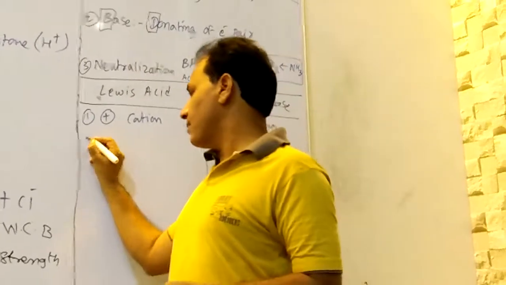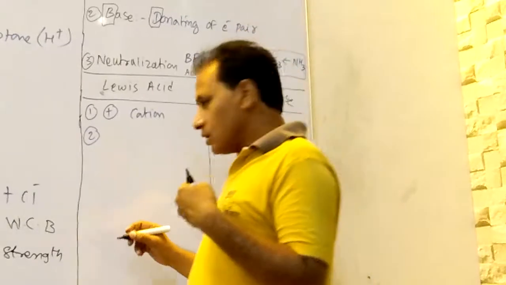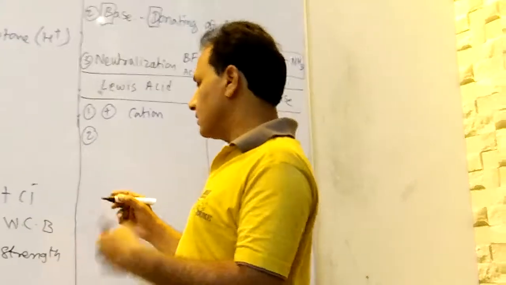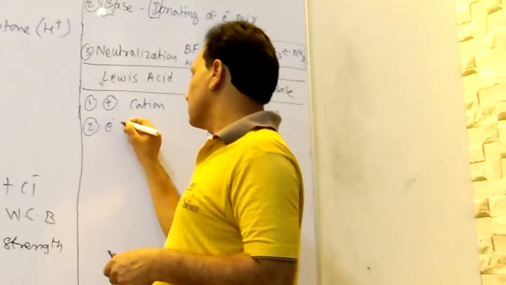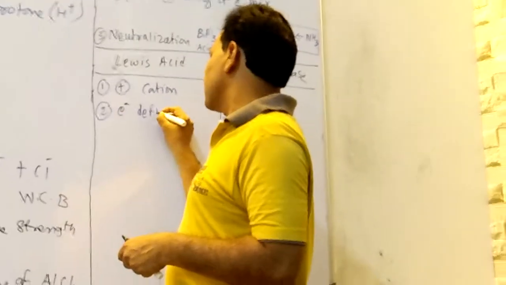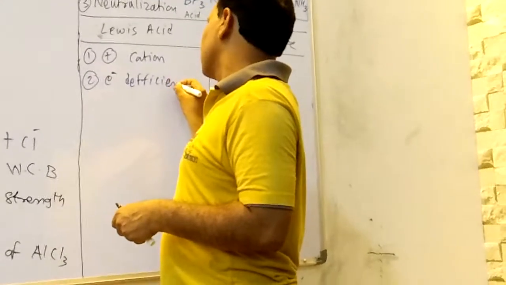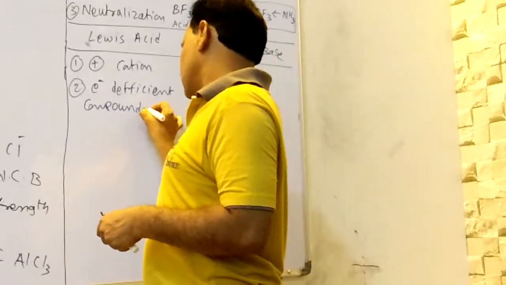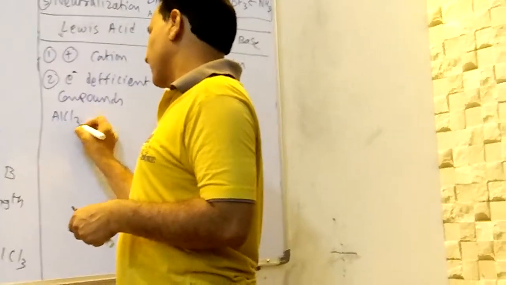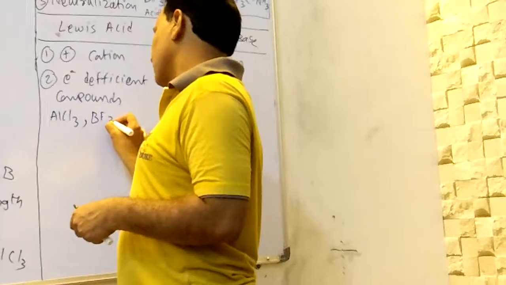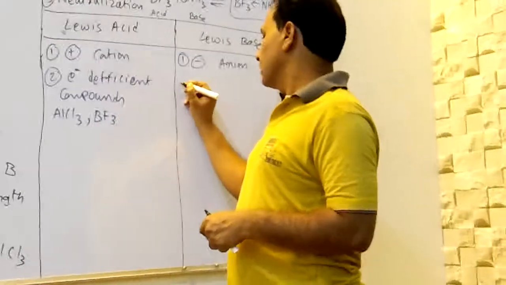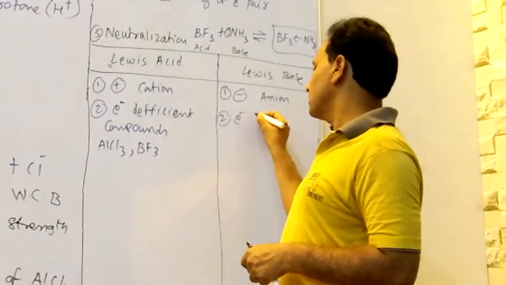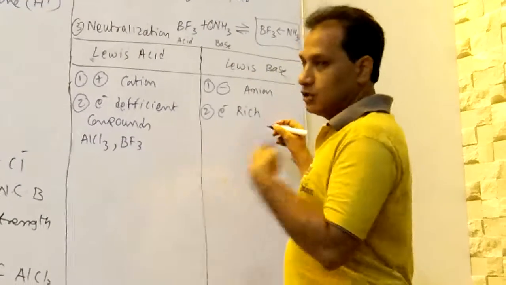Second, electron deficient compounds like AlCl3, BF3 are Lewis acids.